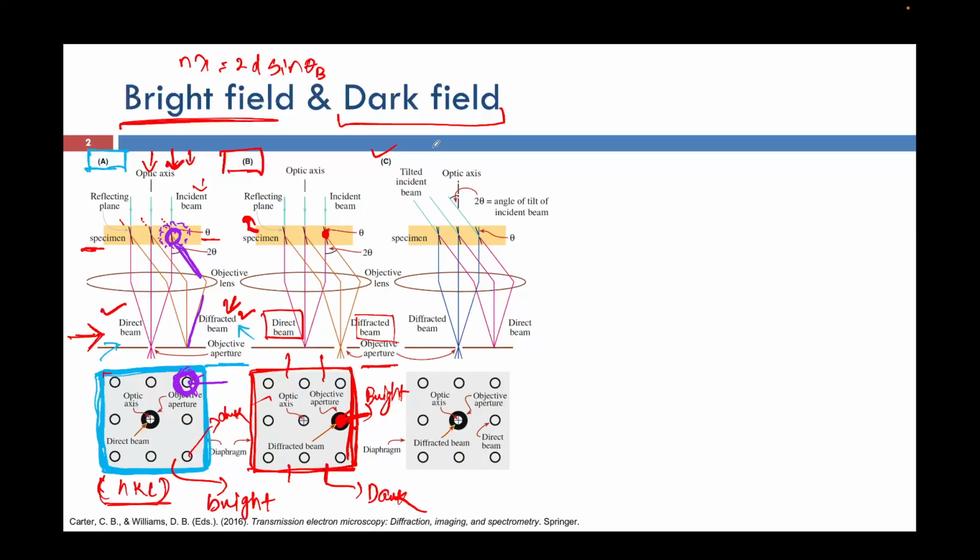The moment you collect the diffracted beams, the more these beams go away from the optic axis, the optic axis being this one, the more the aberrations will start increasing.